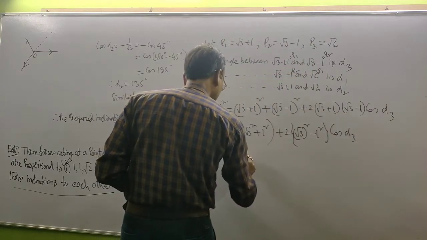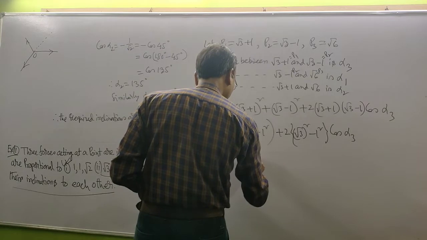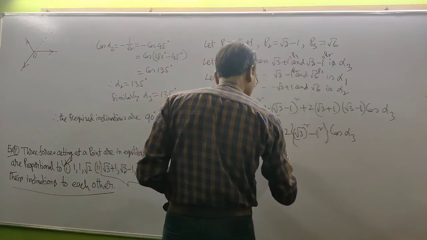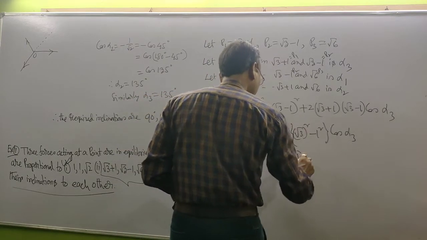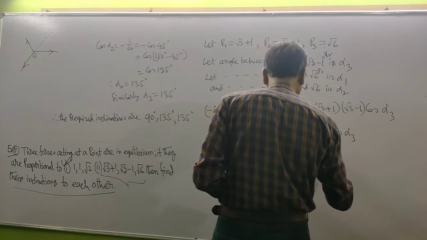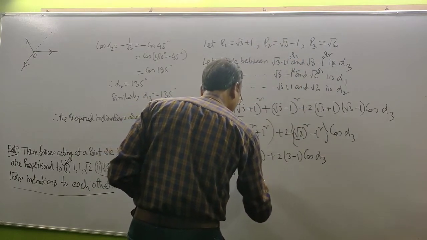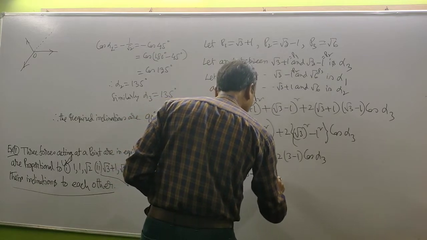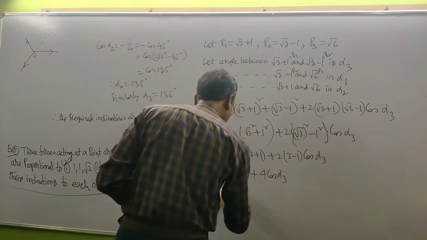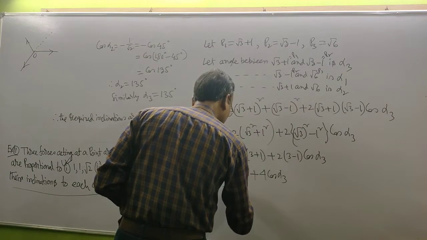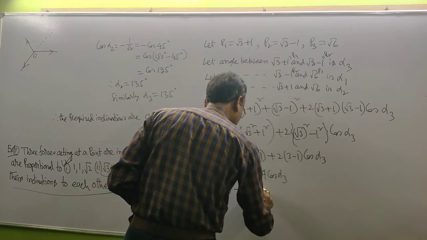This means 6 is equal to 2 into (3 plus 1), plus 2 times (3 minus 1) into cos alpha 3. This means 6 equals 8 plus 4 cos alpha 3. This means minus 2 equals 4 cos alpha 3.